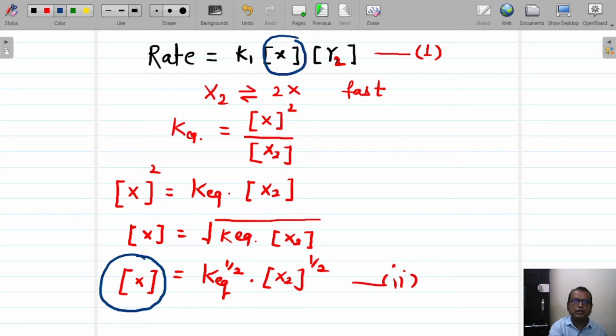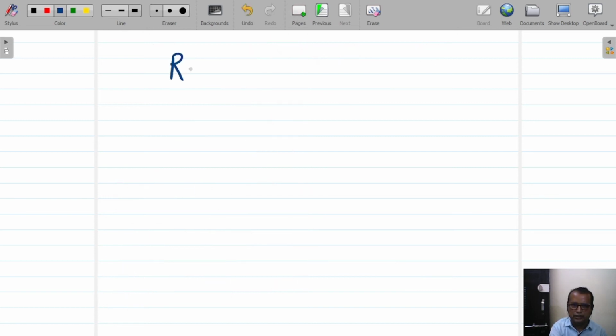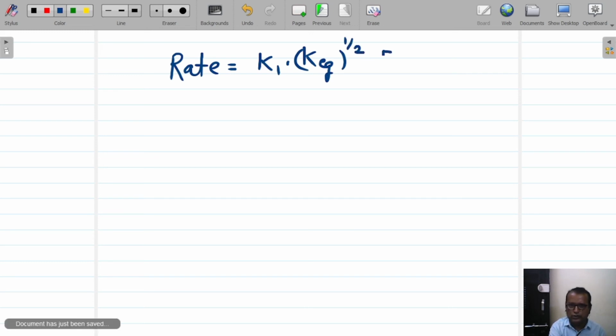So I am replacing now: rate is equal to K1 into K equilibrium raised to power 1 by 2 into concentration of X2 raised to power 1 by 2 into concentration of Y2.